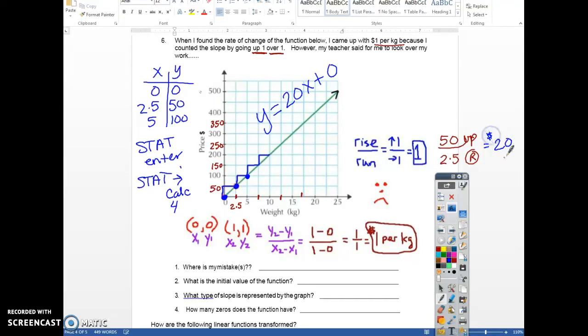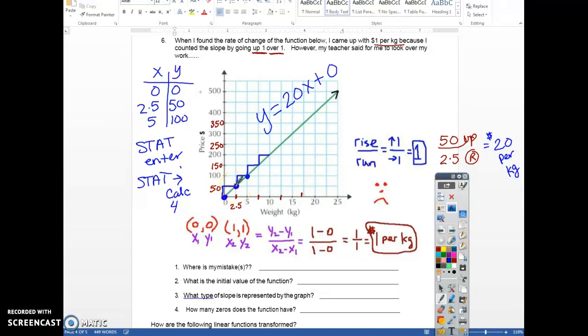$20 per kilogram, because every kilogram is costing us $20. Okay, so number 1, where was his mistake? That he wasn't counting by 50s. Okay, and over here he wasn't counting by 2.5s.